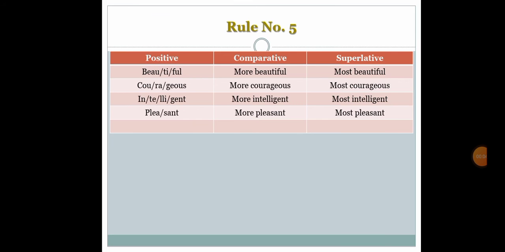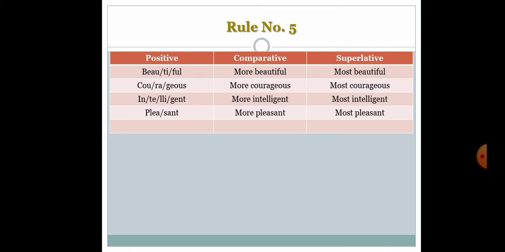Now let's see rule number 5. As you can see in the table, in the first row, which consists of the positive degree of adjectives, I have written the adjectives with slashes in between, and this is to make you understand the syllables in that particular adjective. The first adjective, beautiful, has 3 syllables.